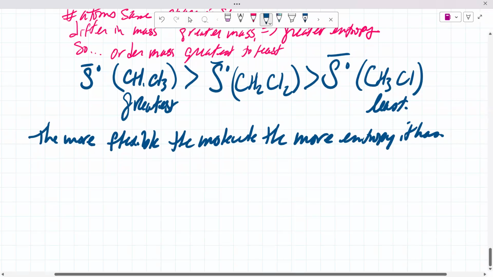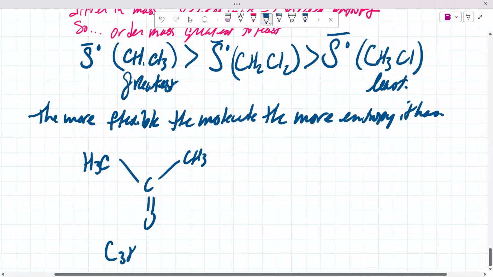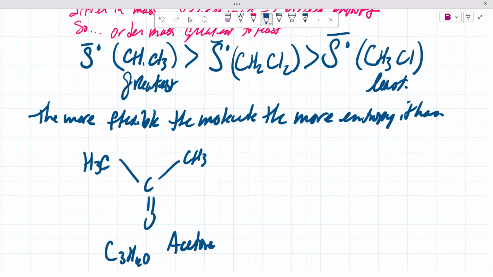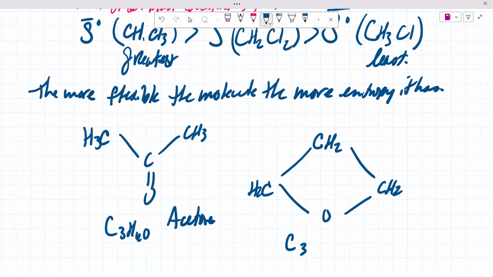Okay, so here's an acetone, C3H6O. But we could use the same building blocks and make something else. This is also C3H6O.